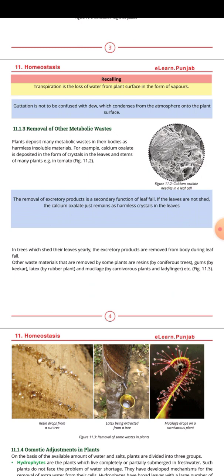Plants deposit many metabolic wastes in their bodies as harmless insoluble material. For example, calcium oxalate is deposited in the form of crystals in the leaves and stem of many plants, such as tomato. In trees which shed their leaves early, the excretory products are removed from the body during leaf fall.